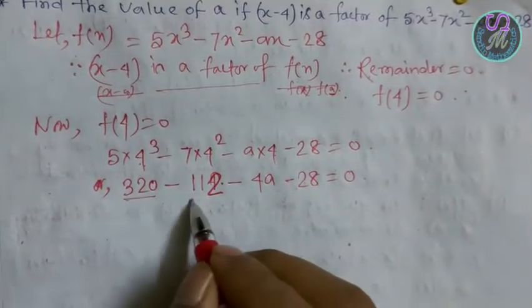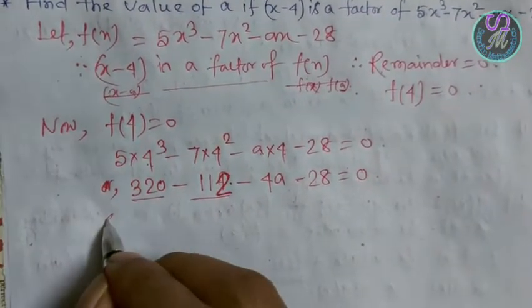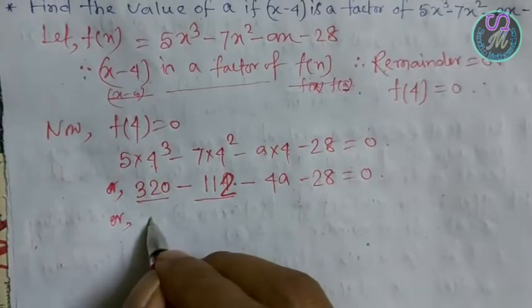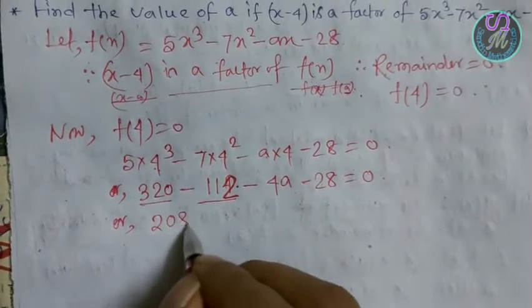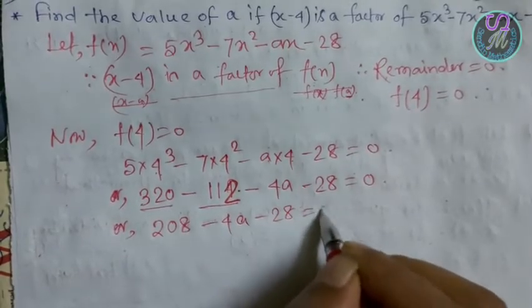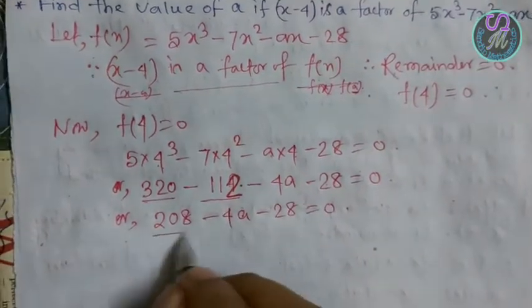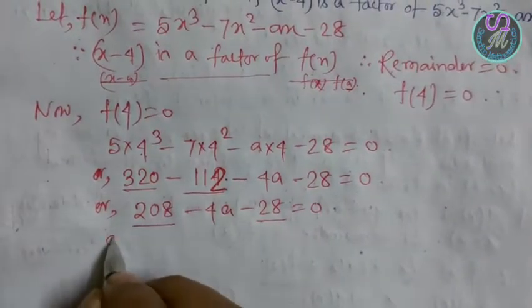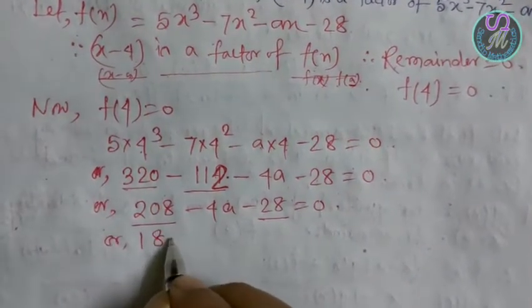Now 320 minus 112. So this one is 208 minus 4a minus 28. This one is equal to 0. 208 minus 28, that means 180.